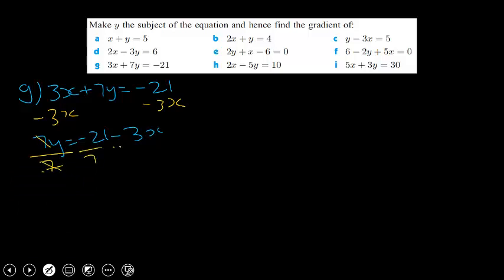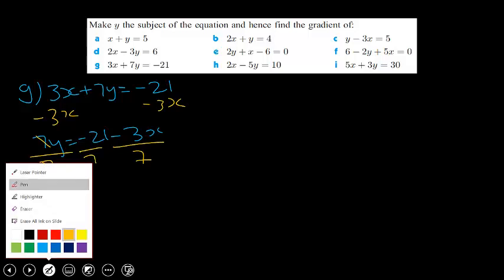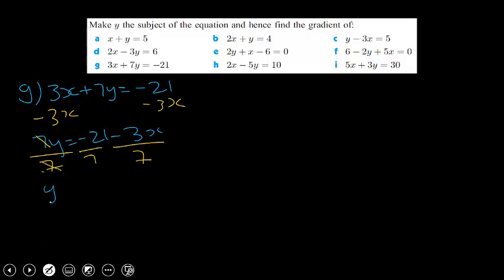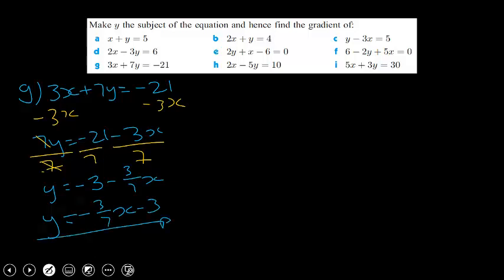Divide by 7, divide by 7. Y equals minus divided by plus is minus. 7 goes into 21 3 times. Minus divided by plus is minus 3 over 7x. Rearrange: y equals minus 3 over 7x minus 3. That's it.